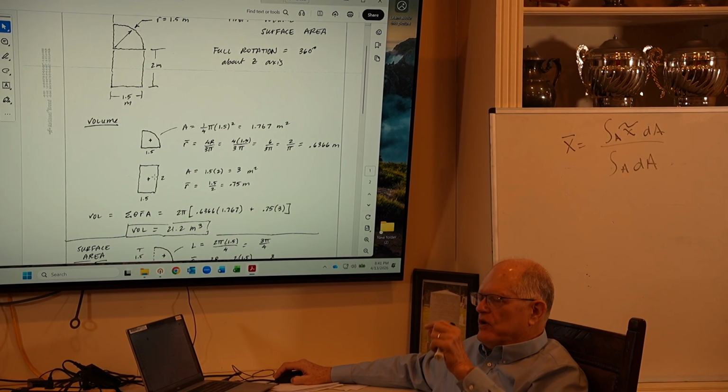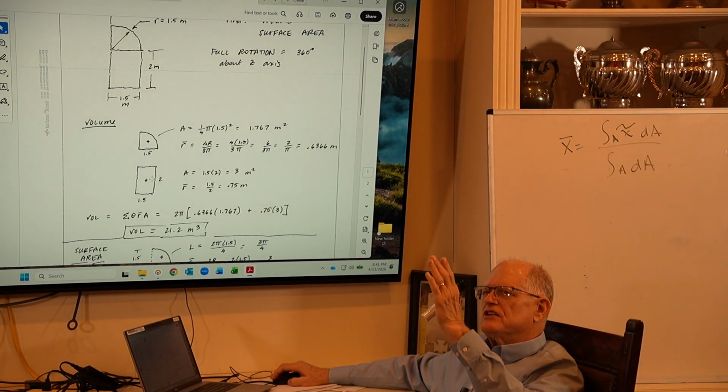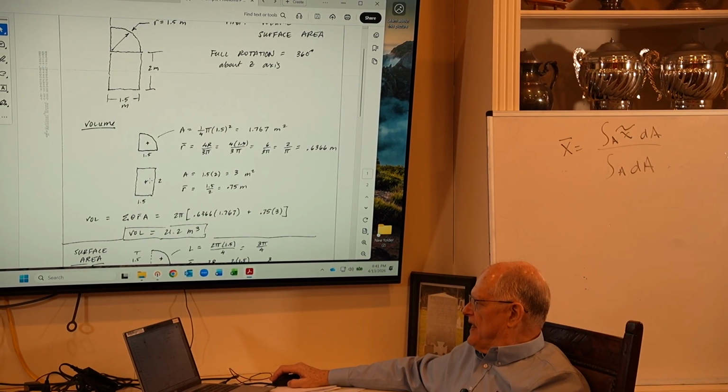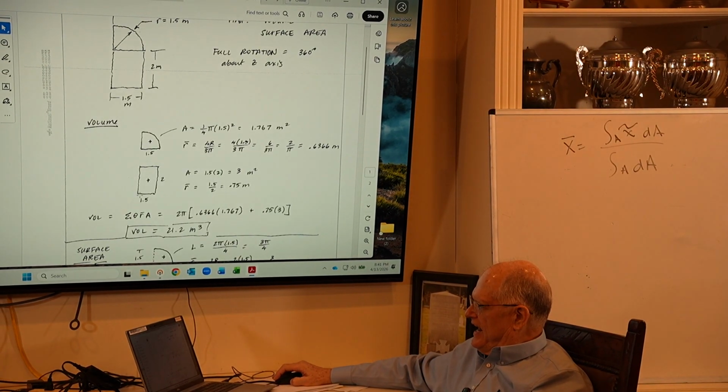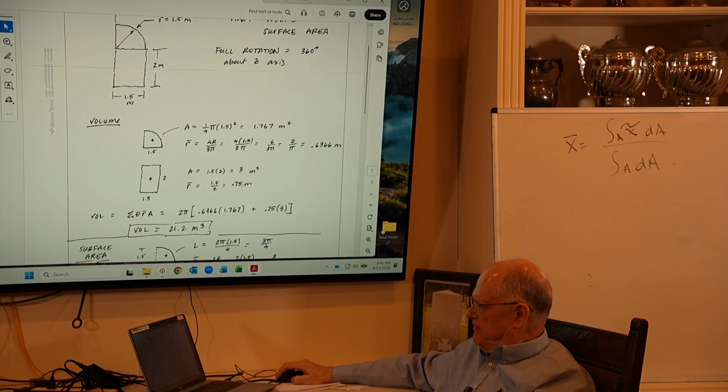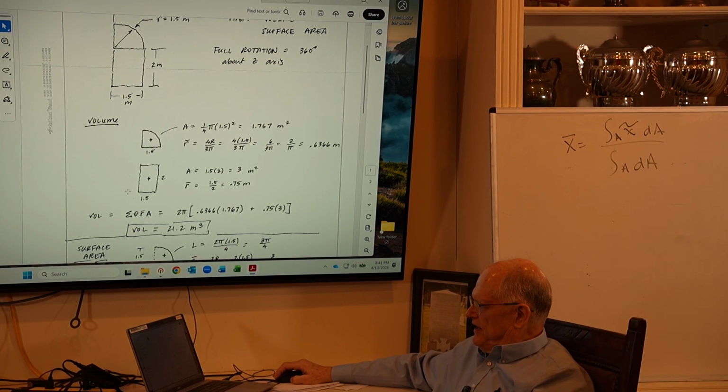The r bar, again, is the distance from the axis of rotation to the centroid of the area. So the r bar is half of the 1.5, which is 0.75. And of course, the area is 1.5 times 2.